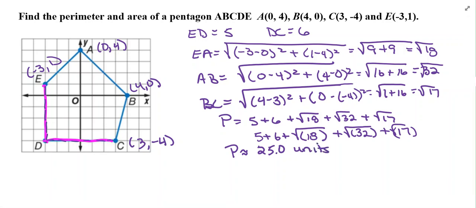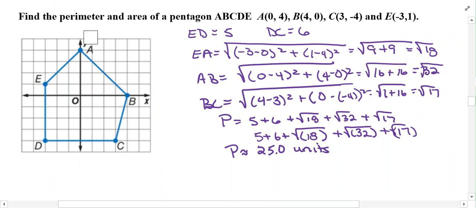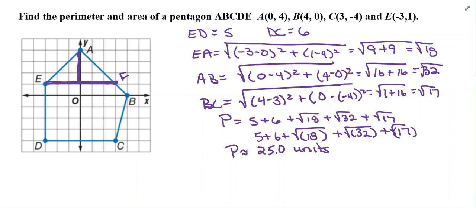Now to find the area, I'm going to have to divide this into figures whose area I can easily find. If I draw a horizontal line right here, let's name this point F, I have a triangle where I do have a base and a height. I will draw another line here to make another triangle, so I have a base and a height.